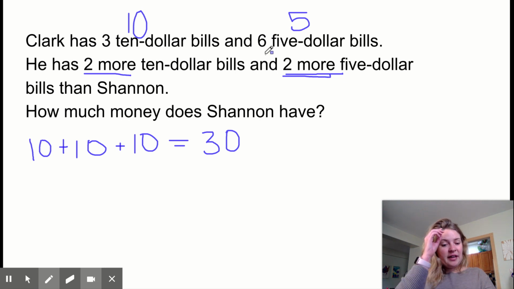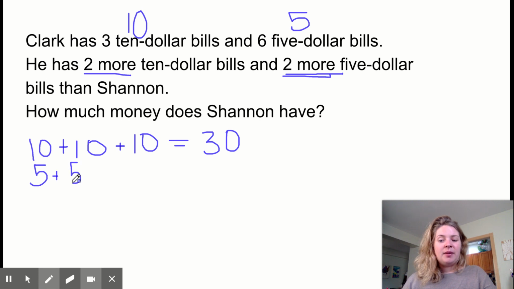Now let's see how much money he has with $5 bills. He has 6 $5 bills, so we will add 5 6 times. 5 plus 5 plus 5 plus 5 plus 5 plus 5.